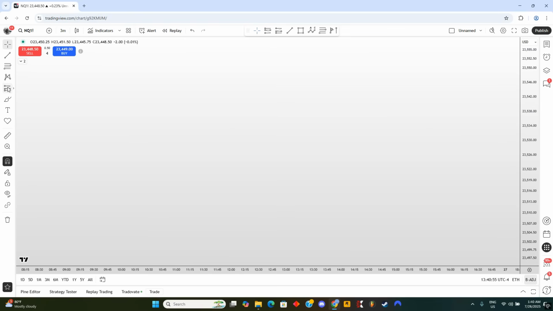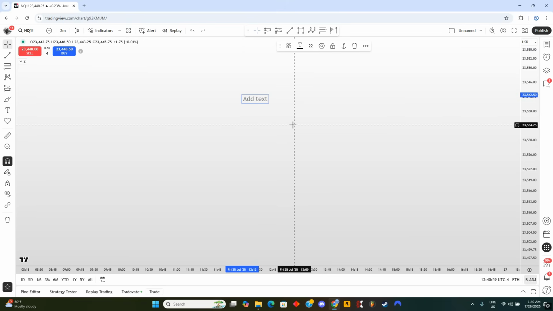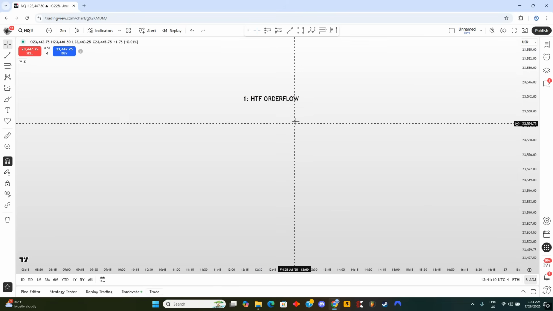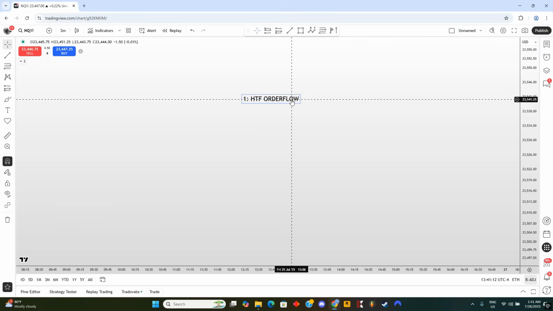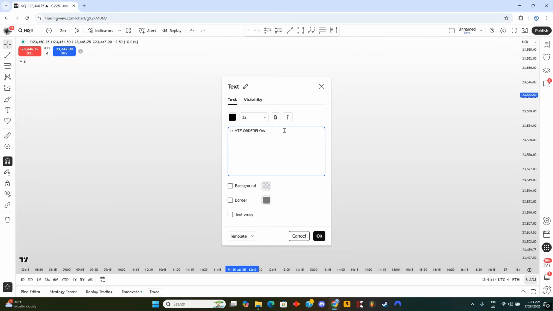All right. So here are the rules of the strategy and you have to follow them. Otherwise, it will not work for you. So number one is, first of all, we have to identify the higher time frame order flow. Now this higher time frame order flow can be 1 hour time frame. So basically, just 1 hour.